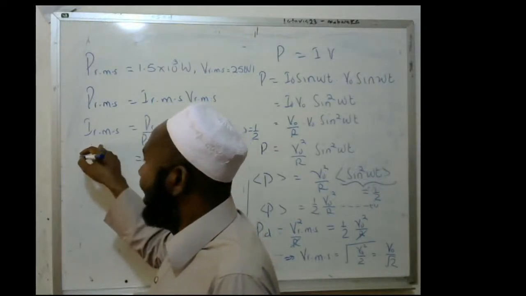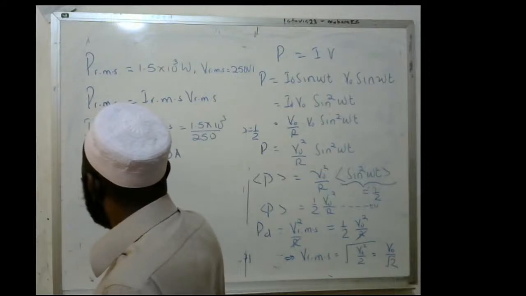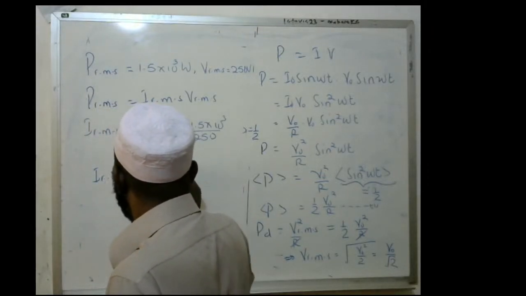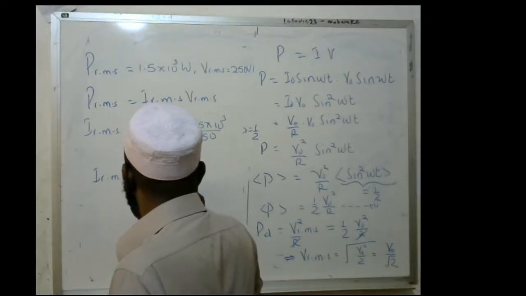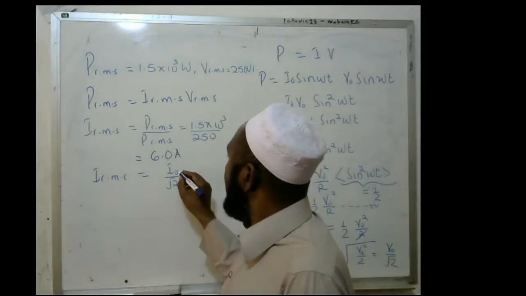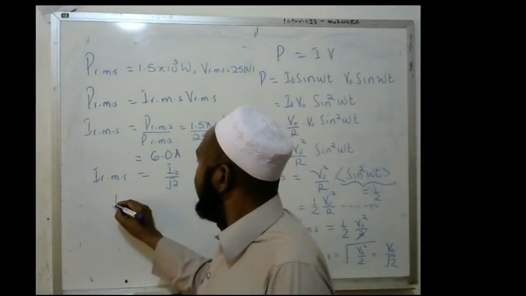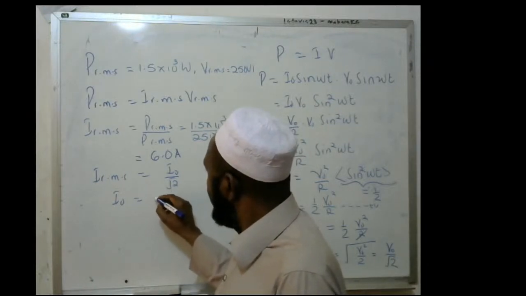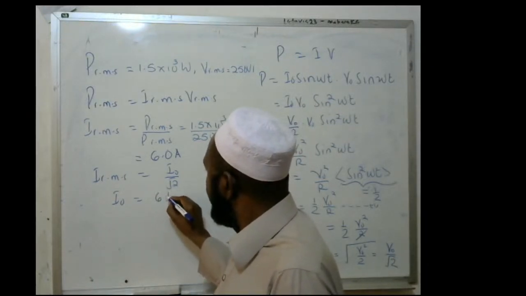Now, after getting IRMS, you know the relationship between IRMS and the peak value of the current, I naught over root 2. So we substitute in the values, and therefore we obtain I naught equal to 6 root 2.